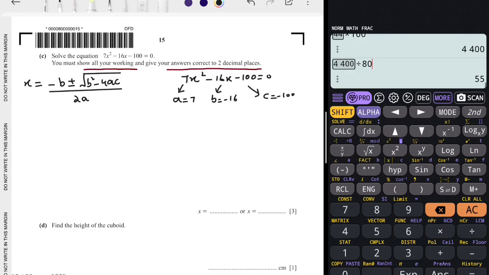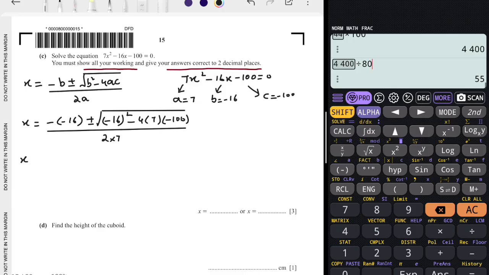So we'll substitute values. X is equal to minus minus 16 plus minus square root of 16 square minus 4 into a into c, divide by 2 into 7.